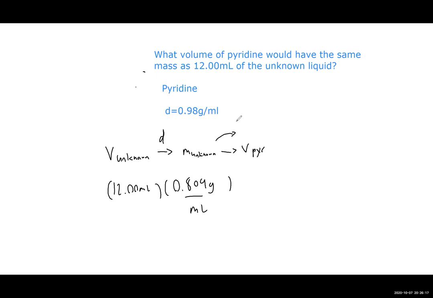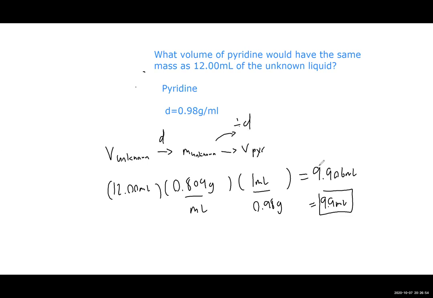And to go from mass to volume, we're going to divide by our density. In 1 milliliter of pyridine, we have 0.98 grams. So punching this into our calculator, that in turn gives us 9.906 milliliters, which, rounding to 2 sig figs, is 9.9 milliliters.